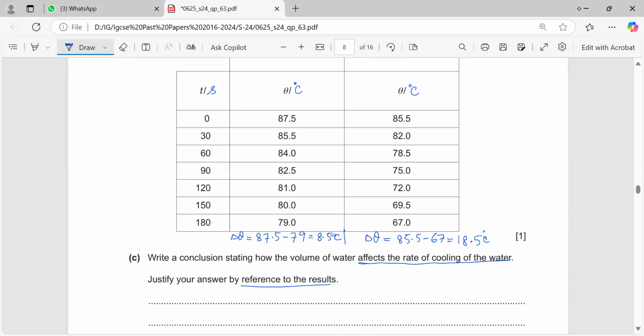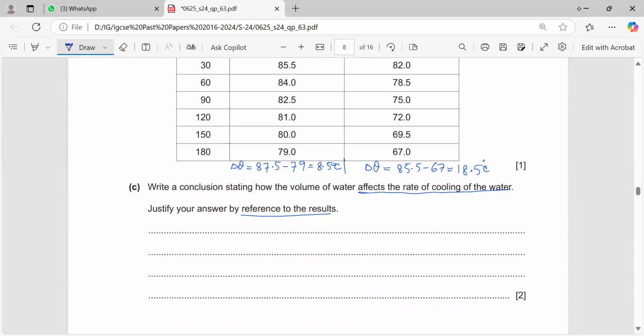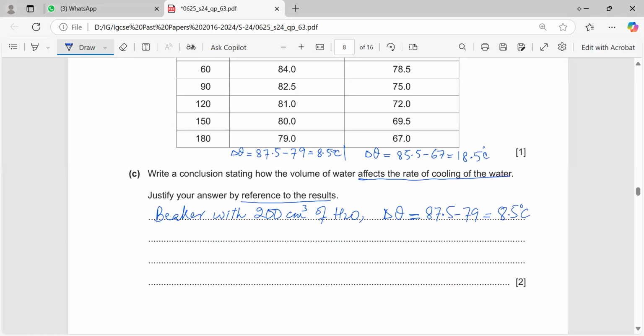First of all, by reference to the result, the curve with 200 centimeter cube of water: fall in temperature is equal to 87.5 minus 79, 8.5 degrees Celsius.